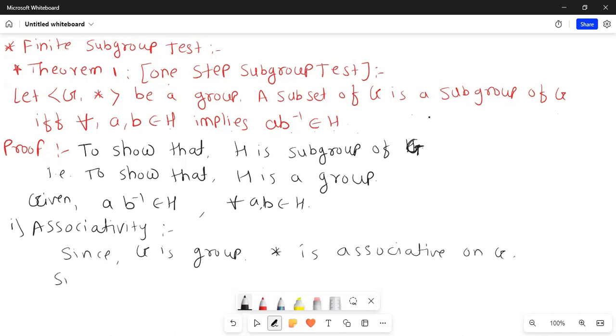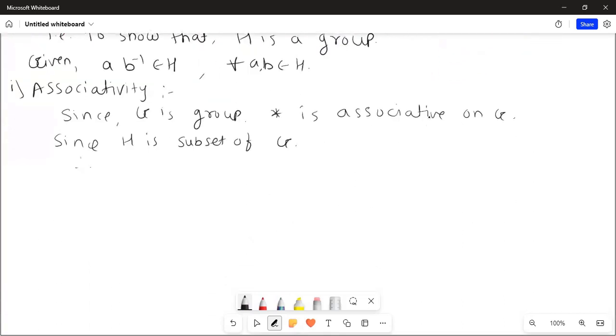And since H is subset of G, and therefore star is also associative on H. Because H is a subset of G and G is the group है, तो star is automatically associative होगा. और H is a subset of G है, and then automatically star is also associative on H.